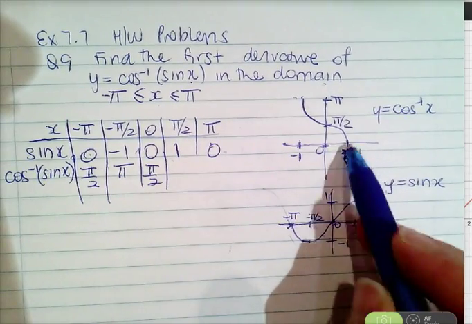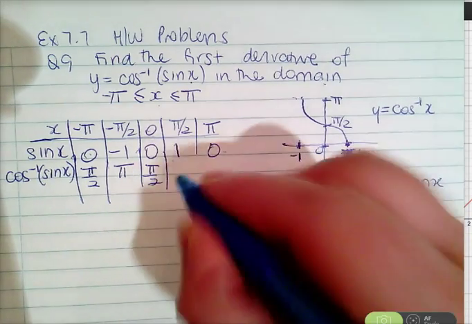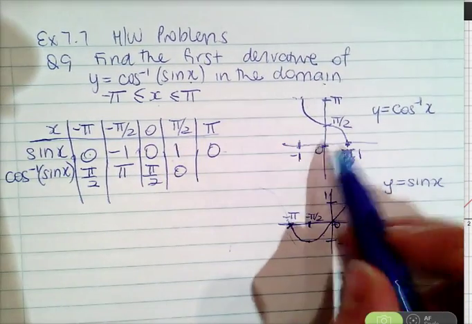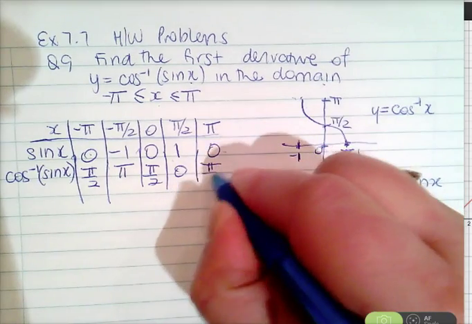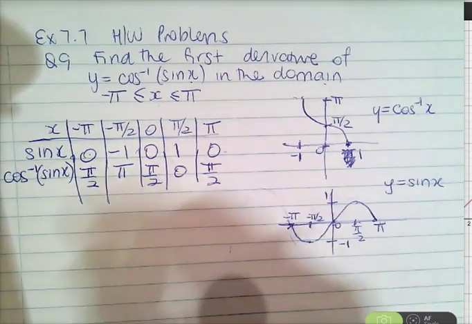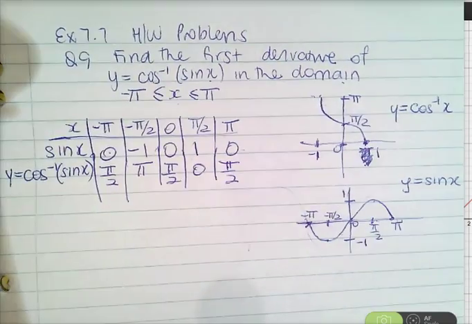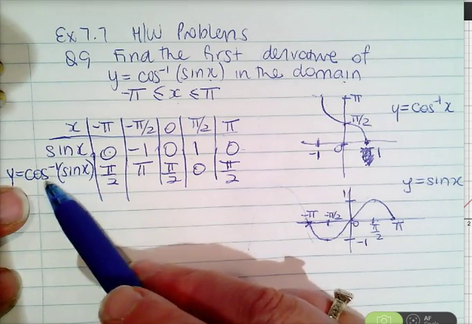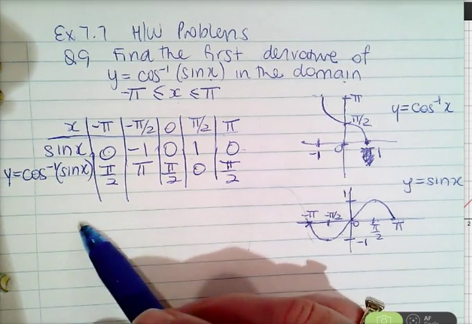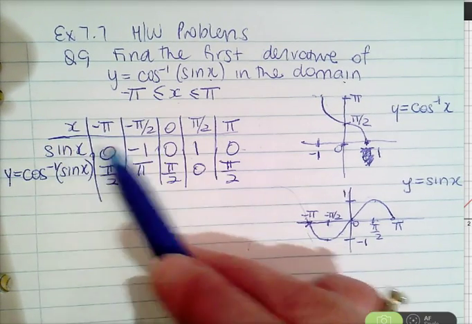The inverse cos of 1 is 0. And the inverse cos of 0 is pi on 2. So we've just come up with a number of points for the sketch of the inverse cos of all of these particular values of sine x.